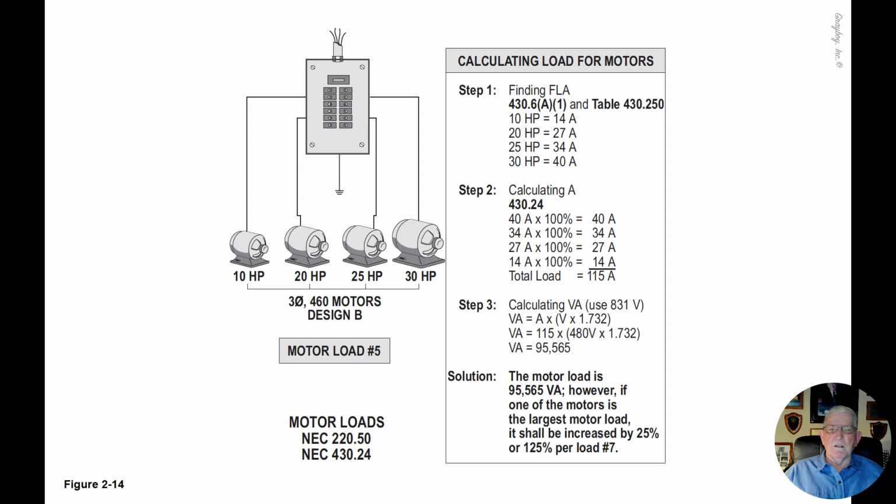So you'd be taking the step 2 and taking the 40 amps at 125%, adding the other motors at 100% to come up with a total of 125 amps to size the conductors for a feeder circuit. And that's what this illustration 2-14 is illustrating.